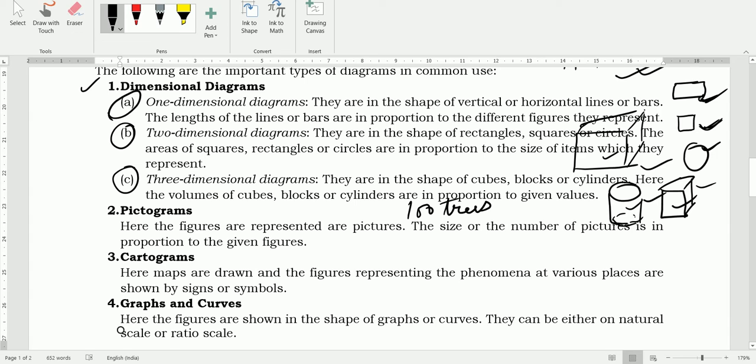If you have selected a scale that one tree is equal to 20 trees, then how many trees do we have to draw? That is 100 divided by 20, right?